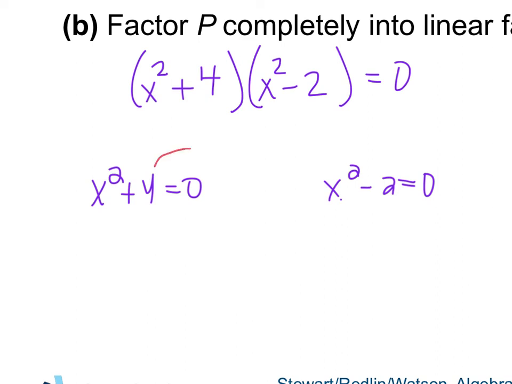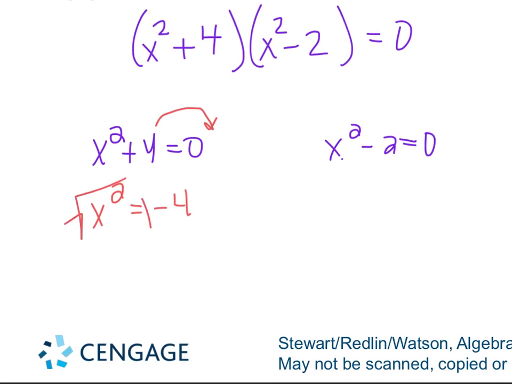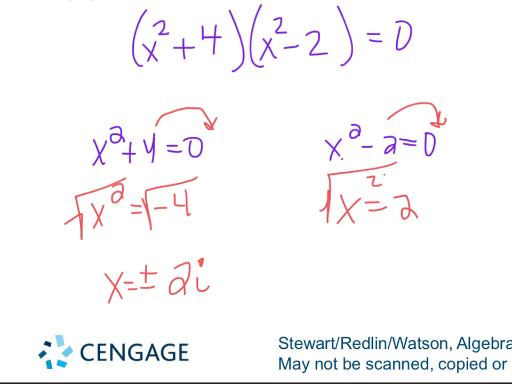Because when you move the 4 over, what does it become? Negative 4. When I take the square root of a negative number, what does it become? Imaginary. So this is x equals plus or minus 2i. And then over here, when I move the 2 over, x squared equals 2. Take the square root, and I get x equals plus or minus square root of 2.